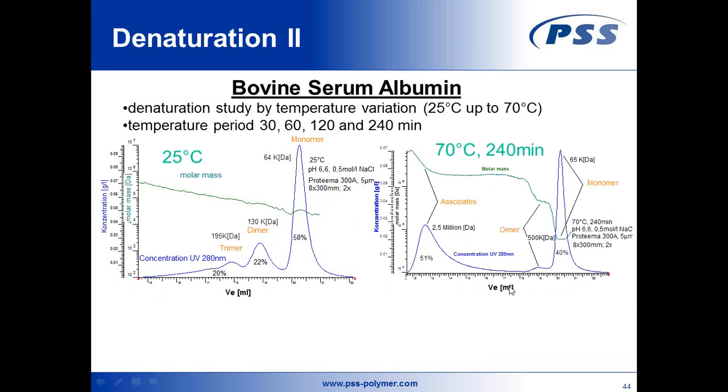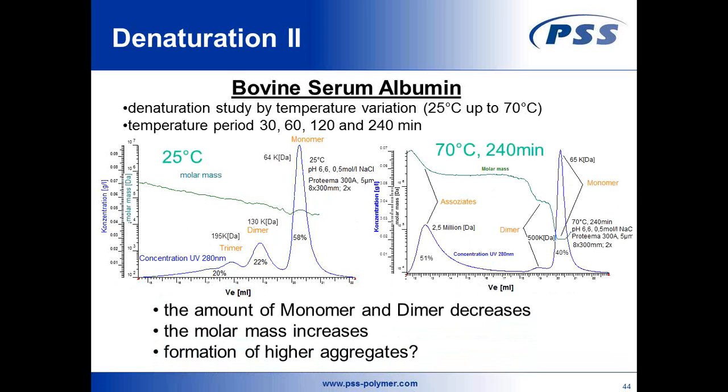So there was something going on, but we still weren't quite sure, as indicated by these results so far, that we really had a kind of aggregation or association and not a denaturation. It looked like an association, aggregation, but we could not finally prove it.